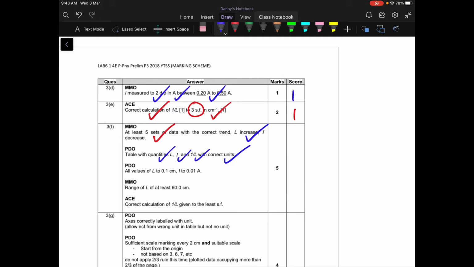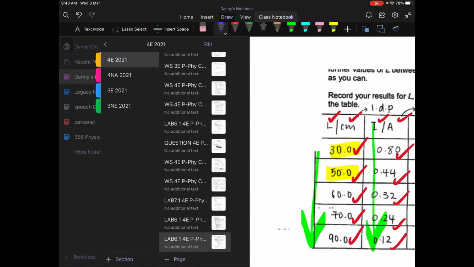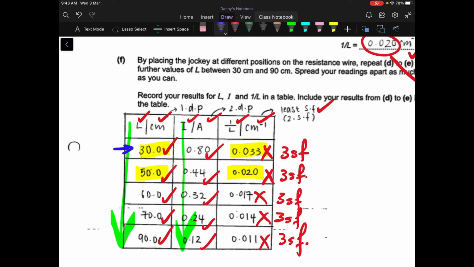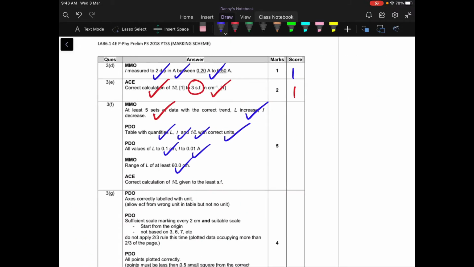L, I, and A correct unit, all values correct. Range of L is satisfied, because for the range of L, 30 is your smallest and 90 is your biggest, so you have a range of 60. So I think it's correct. Unfortunately, this is wasted. So 4.